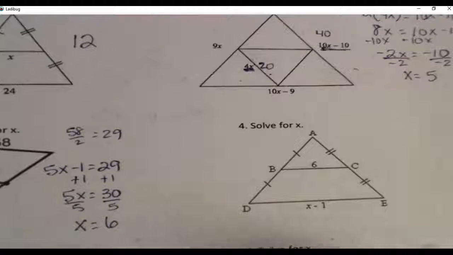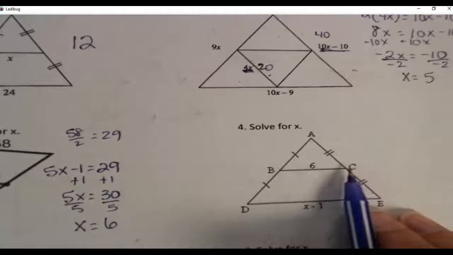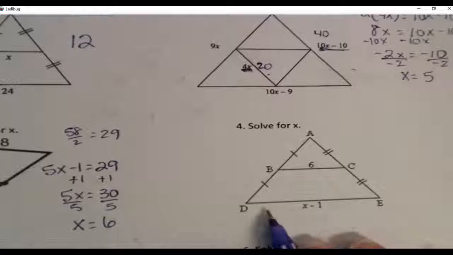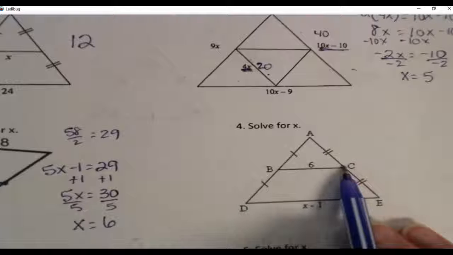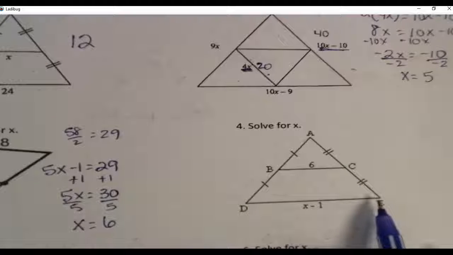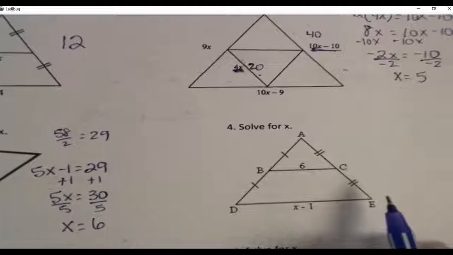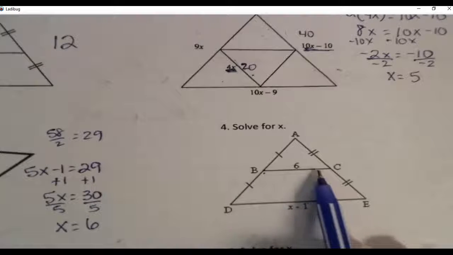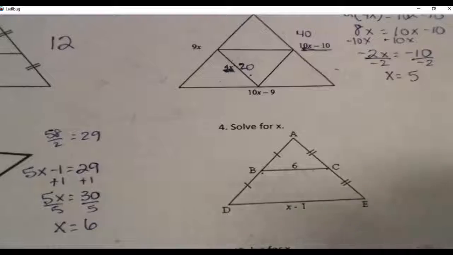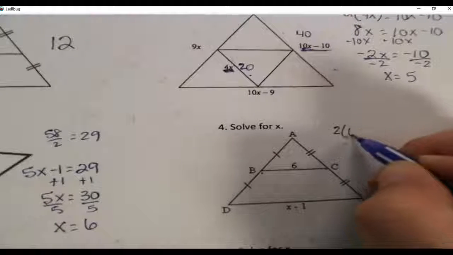So on 4, I have that the mid segment is 6. I want the entire side down here to figure out what is x minus 1. So if the mid segment is 6, what does the side equal? If the mid segment is 6, 12. Good. So we have to do 2 times 6.